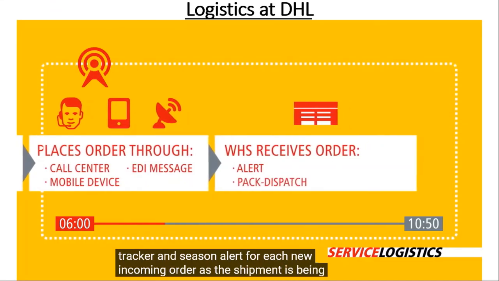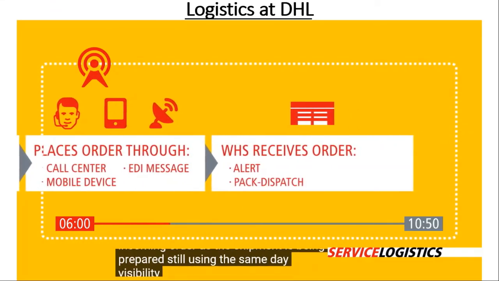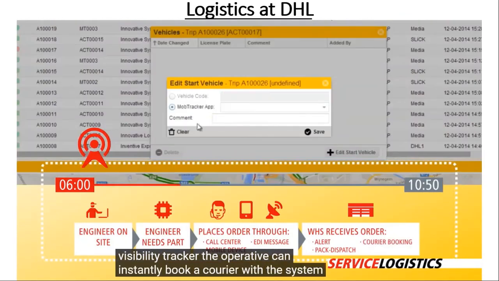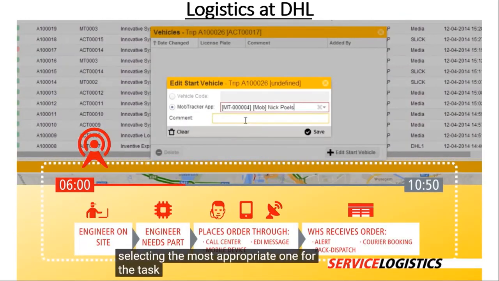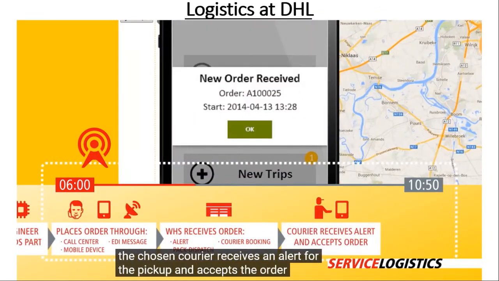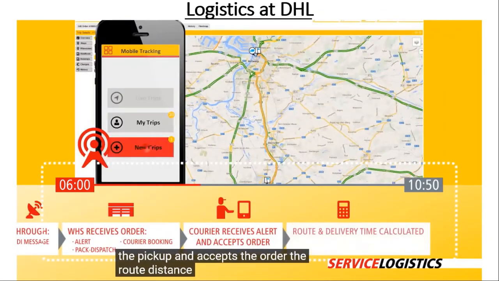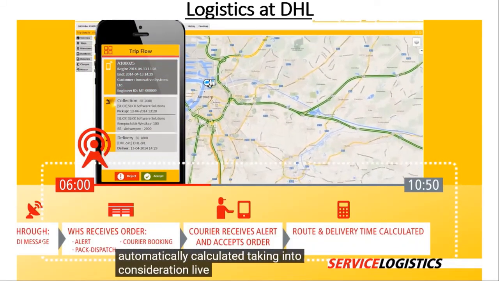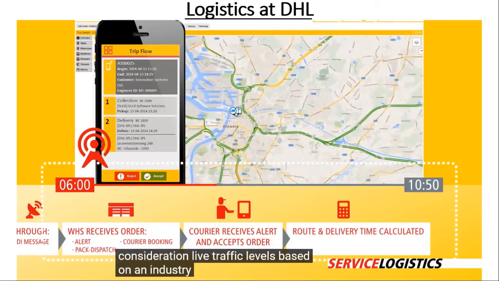As the shipment is being prepared, still using the same-day visibility tracker, the operative can instantly book a courier, with the system selecting the most appropriate one for the task. The chosen courier receives an alert for the pickup and accepts the order. The route, distance and delivery time is automatically calculated, taking into consideration live traffic levels based on an industry-standard routing tool.